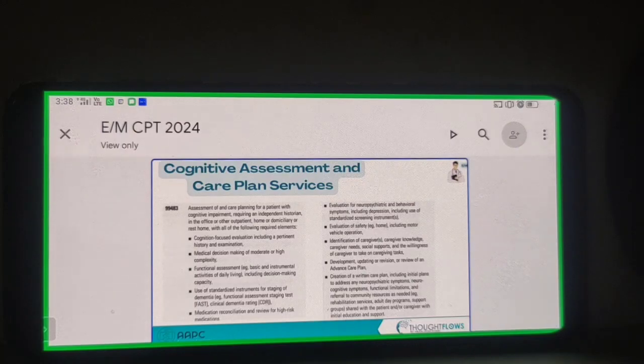Everything should be planned during the assessment, and they create a plan. For that assessment, the doctor spends time. Am I right? To take these assessments, the doctor definitely has to spend time. So for that service, here we are reporting cognitive assessment and care plan service.